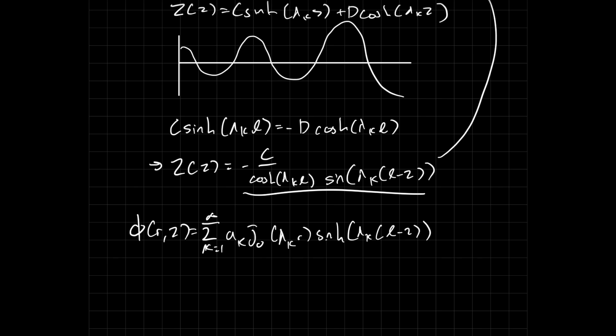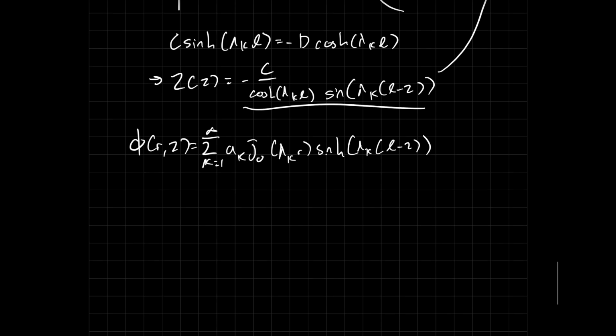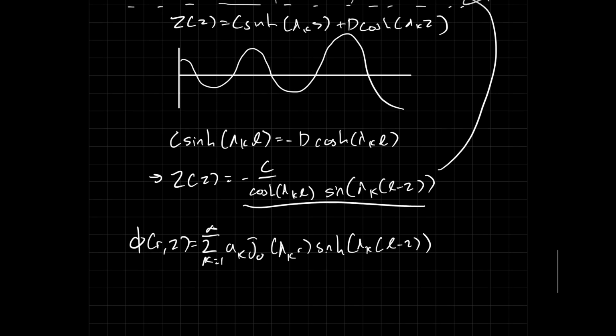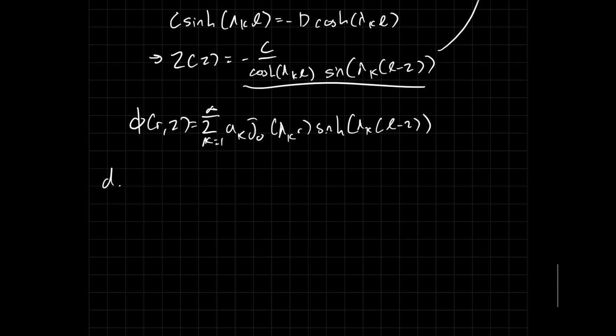So finally, we can just apply the boundary condition to get the orthogonality conditions to find what A is, like last time. And this will just be done like how we always do it.